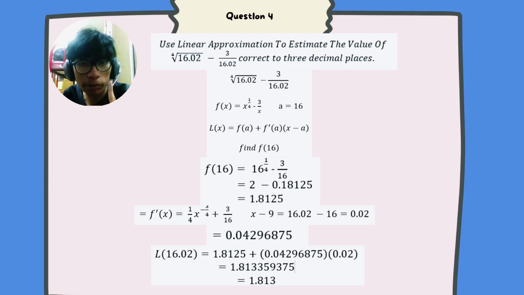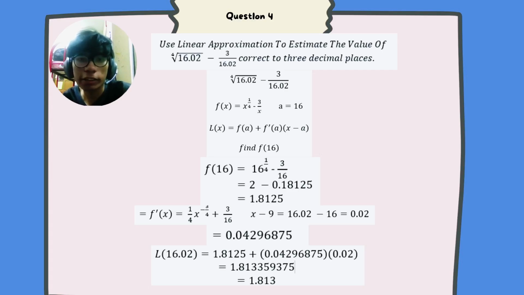So by using the linear approximation formula and replacing all the numbers, you will get L(16.02) equals 1.8125 plus 0.04296875 times 0.02, and you will have your answer, which is 1.81335937. Now rounded to 3 decimal places, you will get your answer 1.813. Therefore, the estimate of the value of the fourth root of 16.02 minus 3 over 16.02 is 1.813.